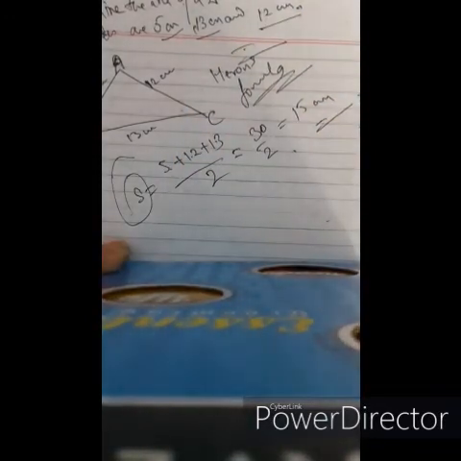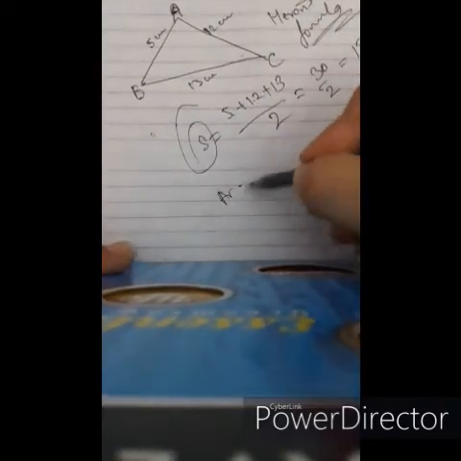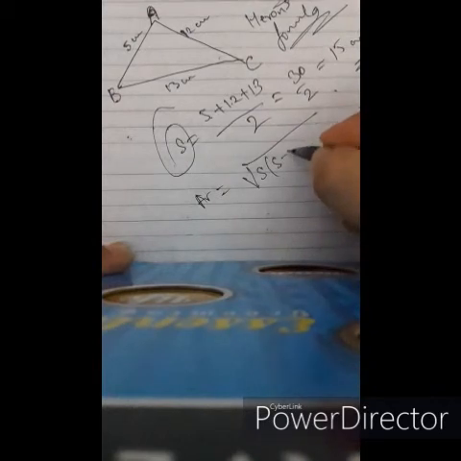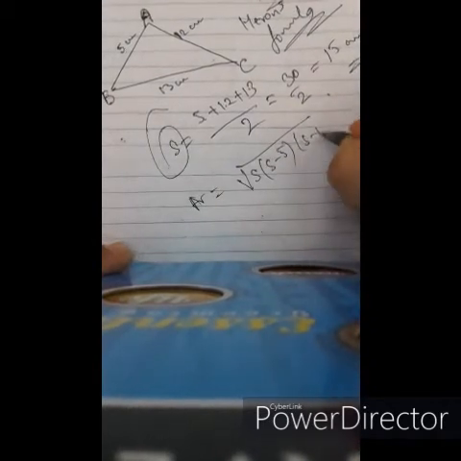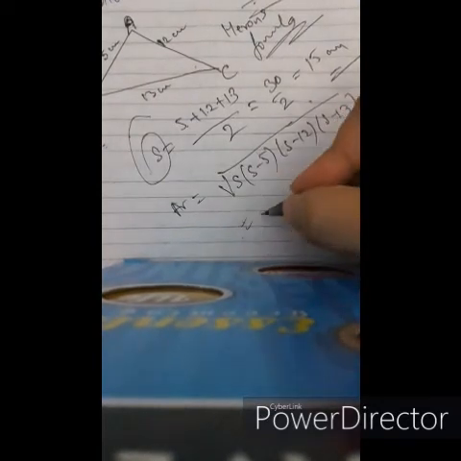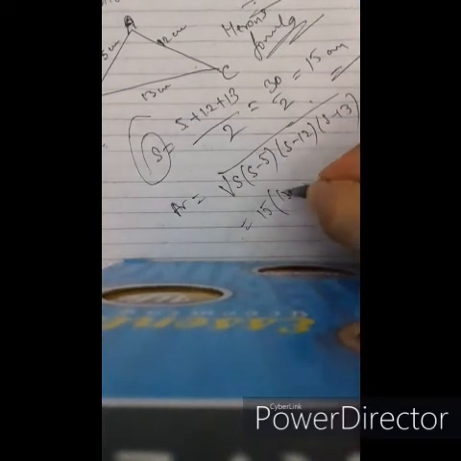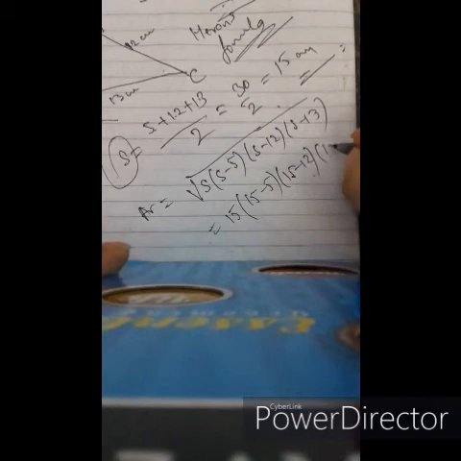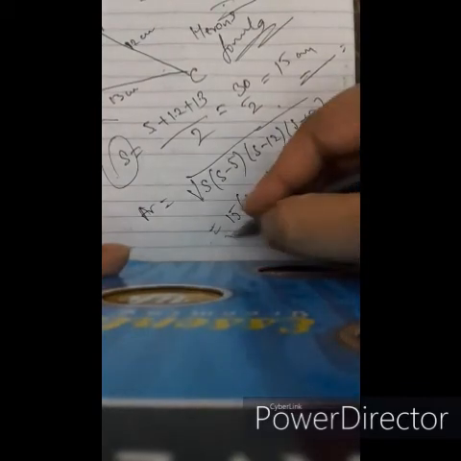Alright, so the area of a triangle by Heron's formula is the square root of s into s minus a, let a be 5, s minus 12 and s minus 13. So 15 into 15 minus 5, 15 minus 12, 15 minus 13, whole root.